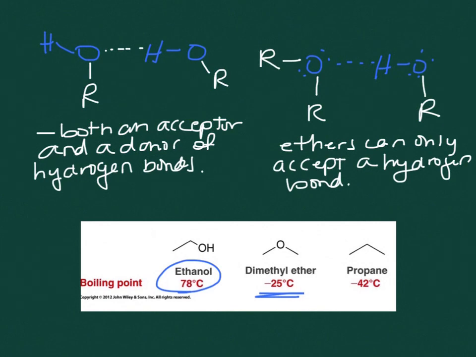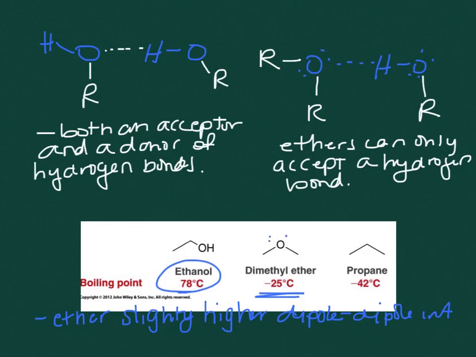Now, the ether is slightly higher because it has dipole-dipole interactions. Because of this bent shape there's a dipole towards the oxygen. So therefore, ethers have slightly higher boiling points relative to an alkane with a similar number of carbons.